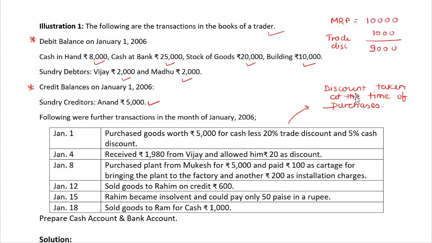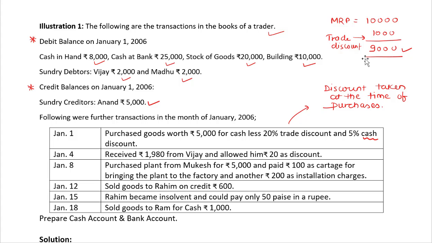This is known as trade discount, this amount of 1,000. This is your skill that you bargained well and finalized the amount at 9,000. You should understand over here that the shopkeeper will make a bill for rupees 9,000 and not 10,000.